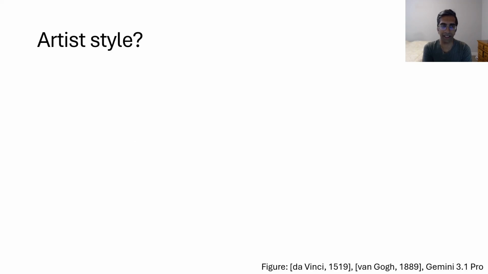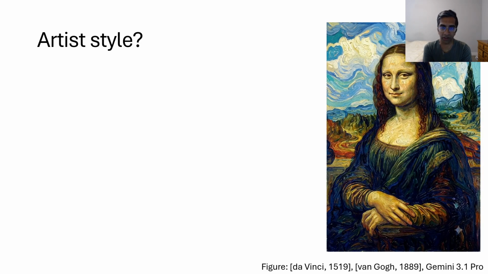I'll additionally mention that artist style is a common topic of concern. Here's a picture of the Mona Lisa redone in a Vincent van Gogh-esque style, similar to Starry Night, which I generated using Gemini. An interesting thing is that style is not actually generally protectable by US copyright.